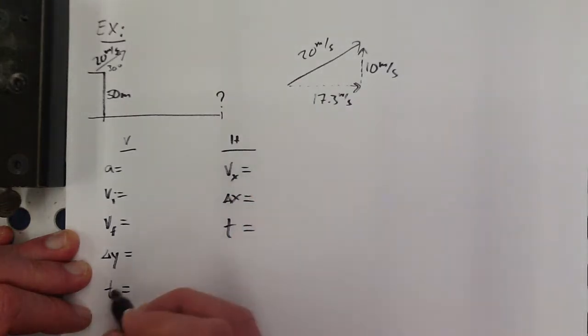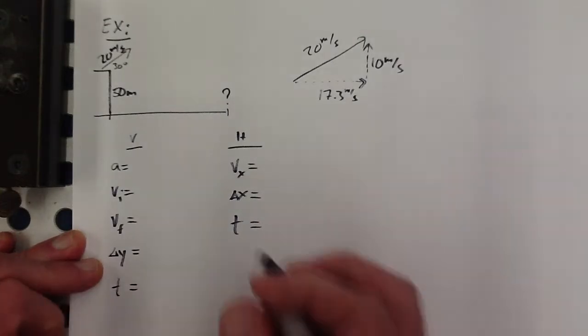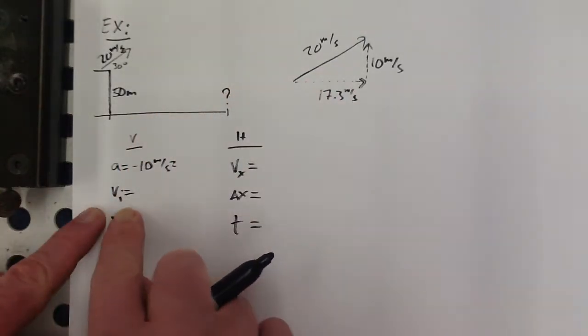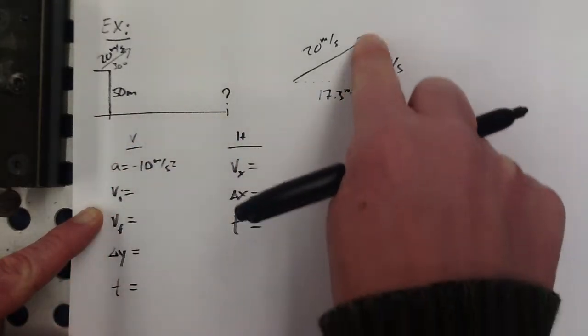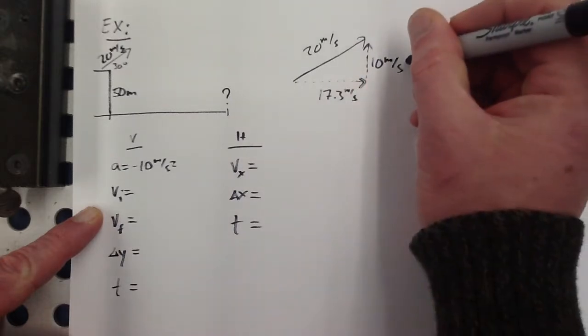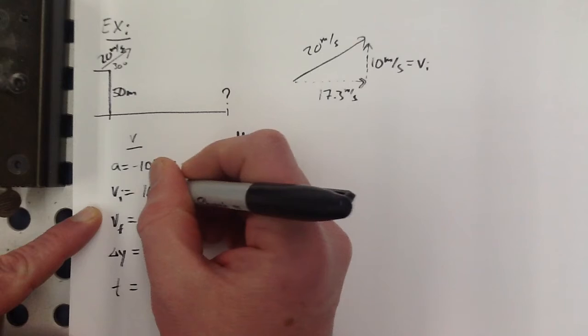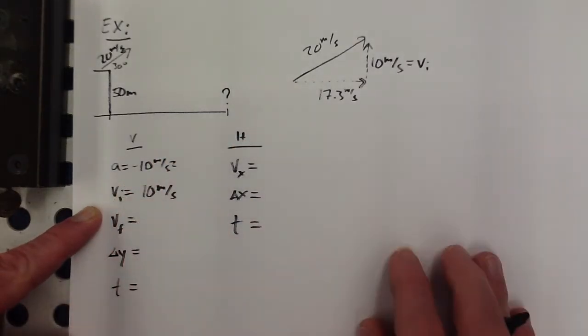Of course, the time is the same for both. So this is always negative 10. My VI, this is a vertical initial velocity, that's this. You can add that to your diagram if you want. 10 meters per second. Nothing to do with that 10, right?